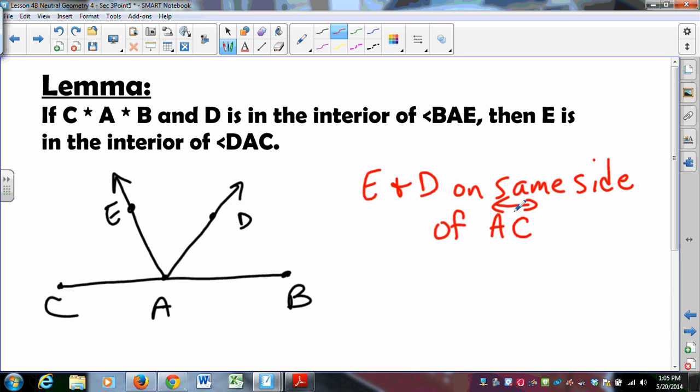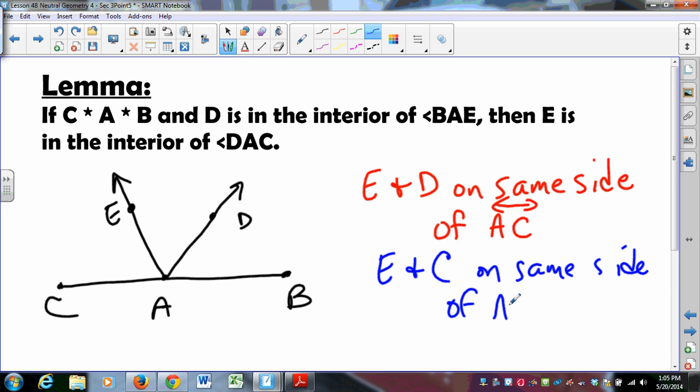And that's what angle interior definitions are all about. The other thing we have to show is that E and C are on the same side of line AD.